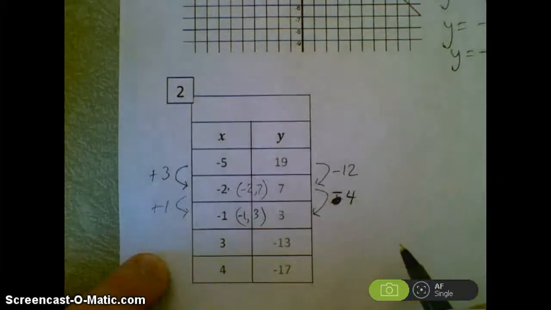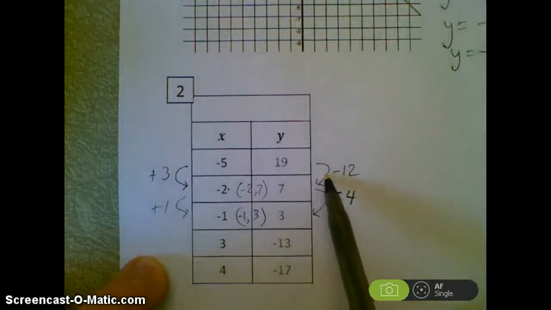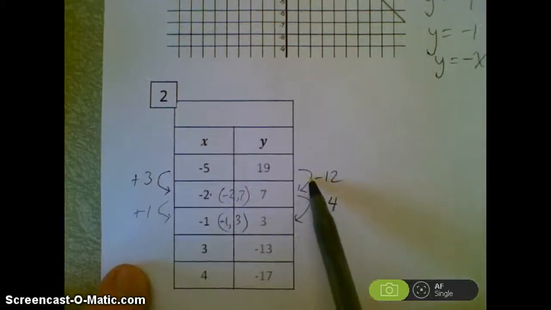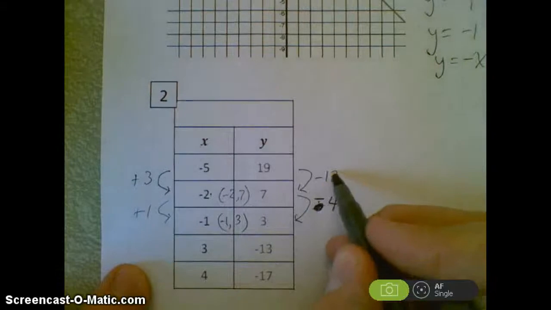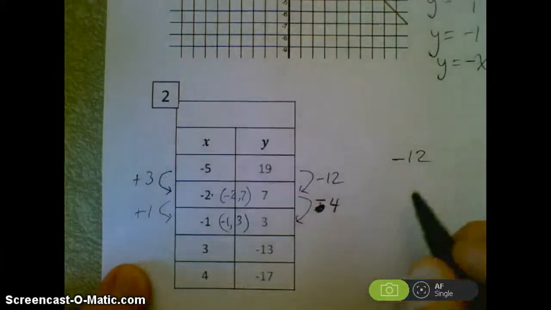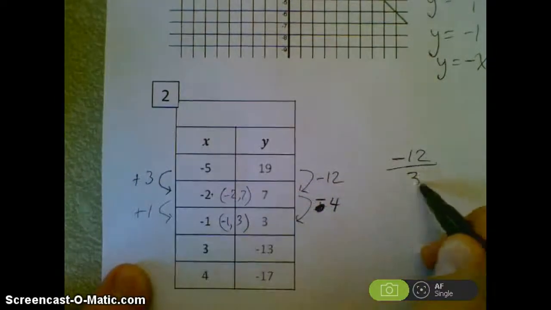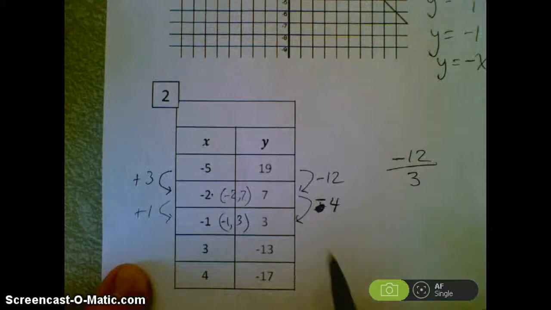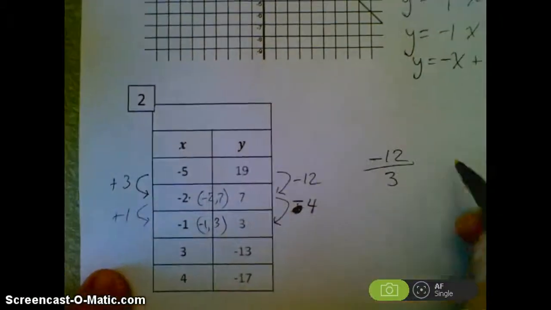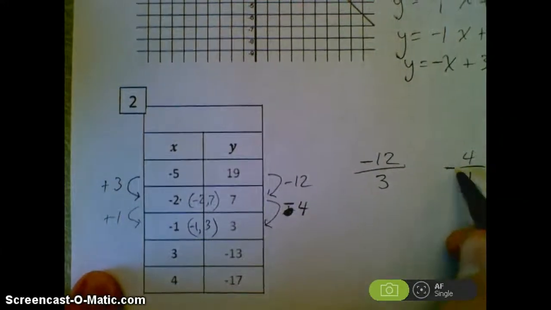Okay, so subtracting 4. Now they may not look the same, but we have to understand that slope is just change. It's change between one point and another. So if I write the change in y between these 2 points, that would be negative 12 over the change in x, that was positive 3, and then I write the change in y over the change in x here, negative 4 over positive 1.